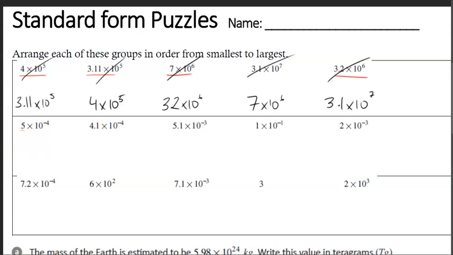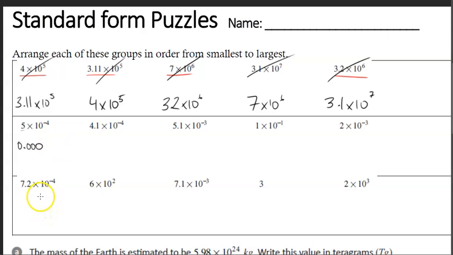We're going to be looking for the smallest power of base 10. Now remember, we're dealing with negatives. Okay, so the smallest power out of all of them is -4. 10 to the power of -4 will produce the smallest, because this is going to provide that many leading zeros after the decimal point.